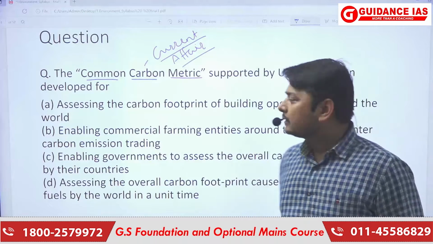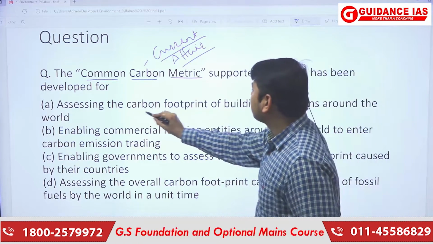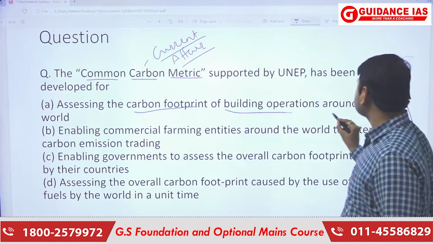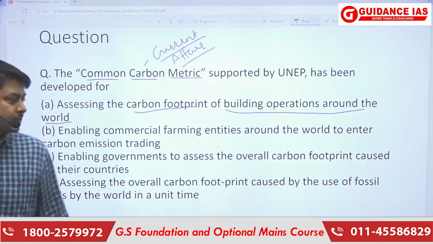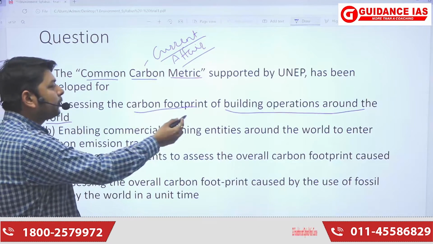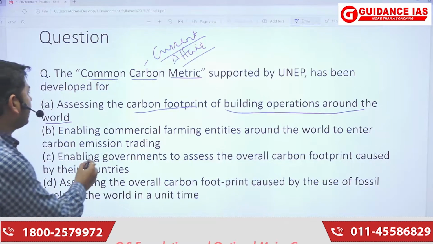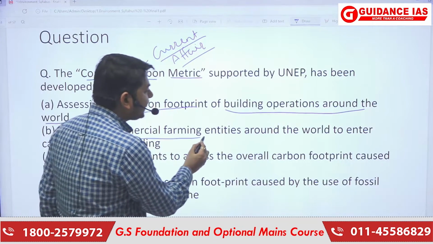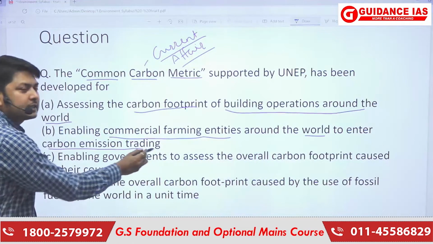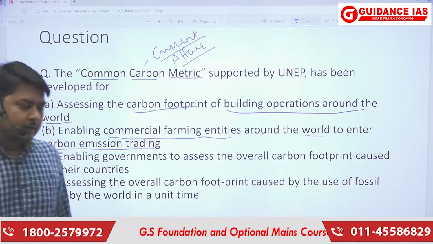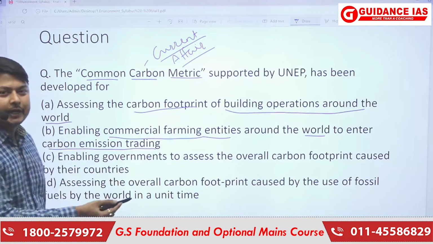Now it is asking: first statement, assessing the carbon footprint of building operations around the world. Second statement, enable commercial farming entities around the world to enter carbon emissions trading. If I take the key term, it is carbon emissions trading.